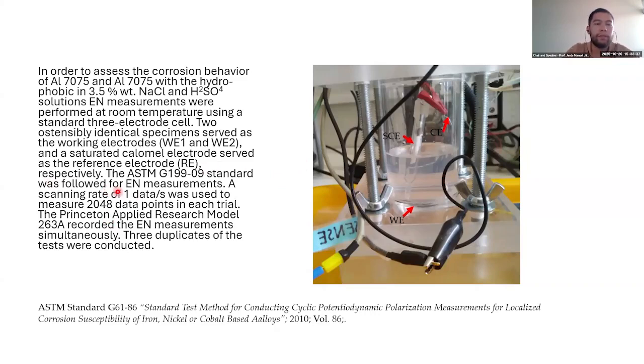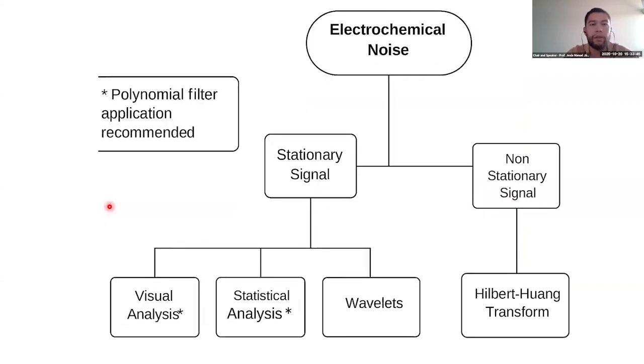The data was 1 data per second, around 2048 data. The importance of electrochemical noise is that in this kind of system it is usual to have localized corrosion.